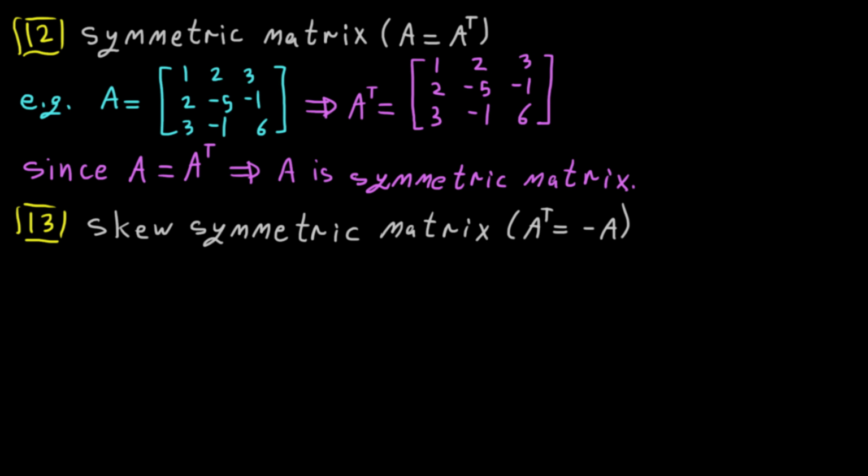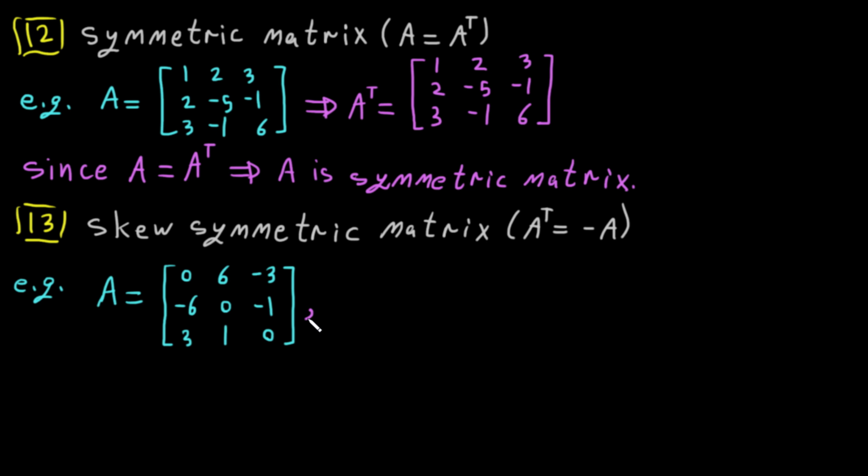Example for this one, let's say we have this A. To test if this is skew symmetric or not, we have to compute A transpose and the negative of A.